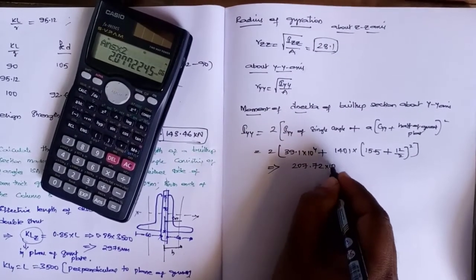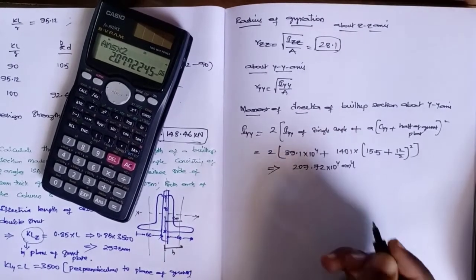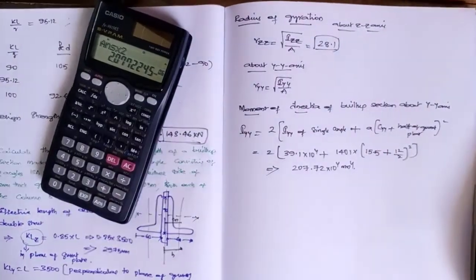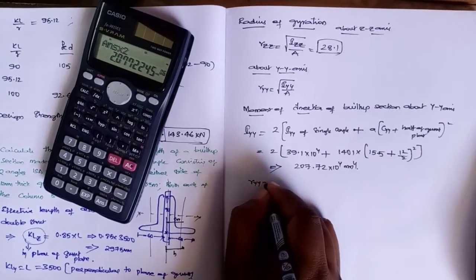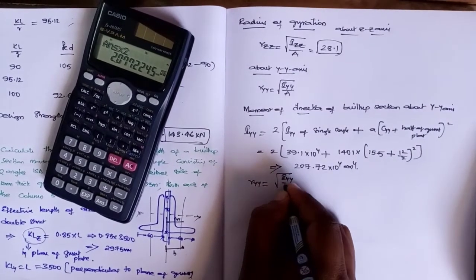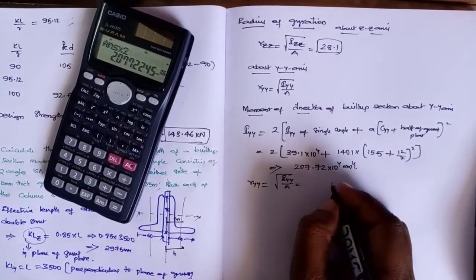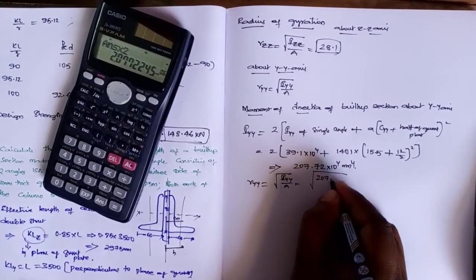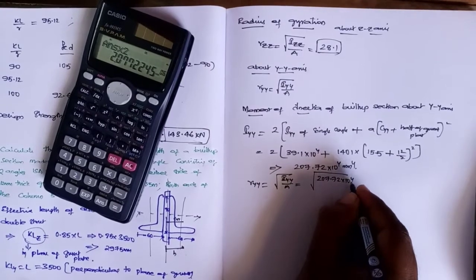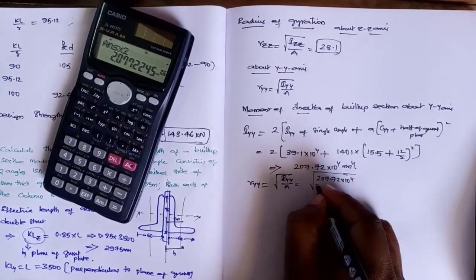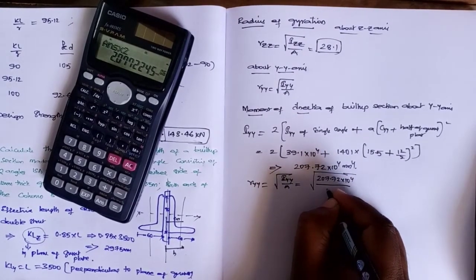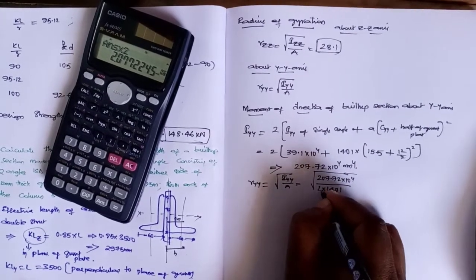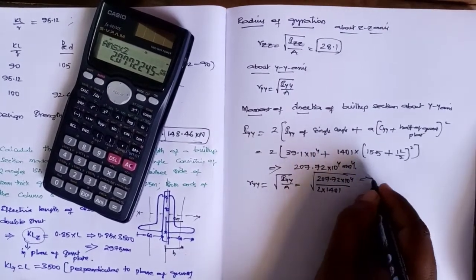Now RYY equals under root of IYY of built up section by A. This is for the whole built up section, by area 1401 into 2, you have to take into 2.